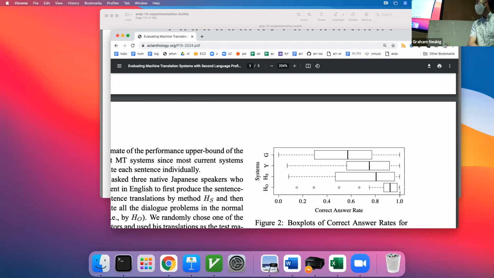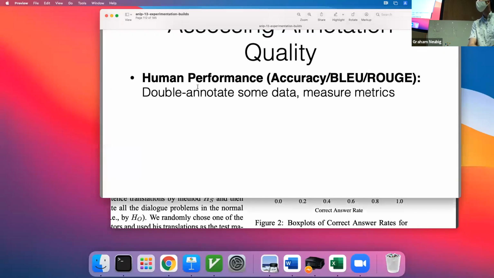What you can see is that the human translator with full context is way, way better than the machine translation systems. But the human without context is nearly equal to the machine translation system. So this is definitely something you can do, and it can give you interesting comparisons.